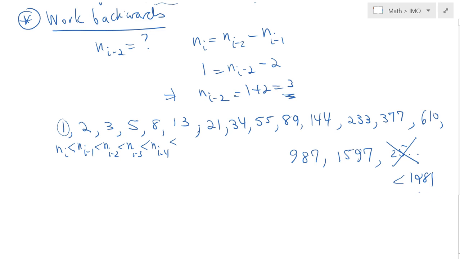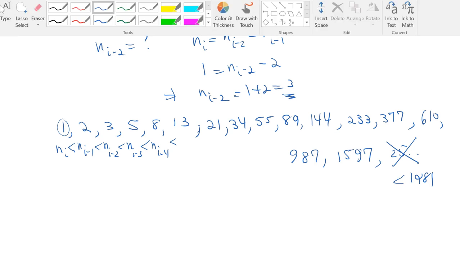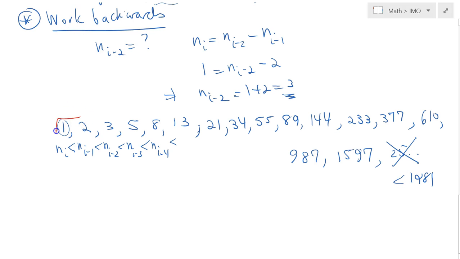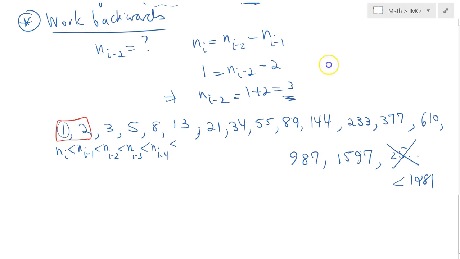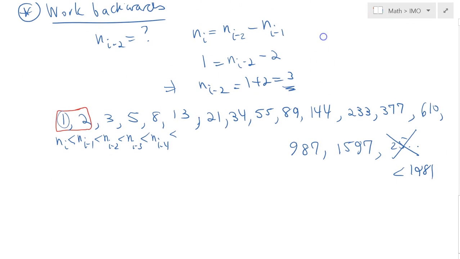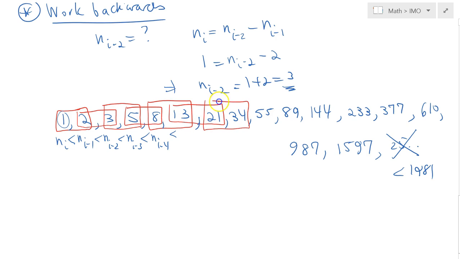So as a result, all these things in pairs work, right? So for instance, let me use a different color. The pair 2-1 would work, but then 3-2 would work as well, 5-3 would work, 5-8, 8-13, 13-21, 21-34, and so on. All these pairs would work.